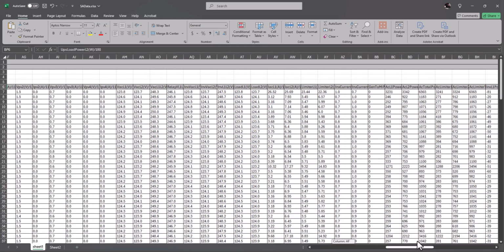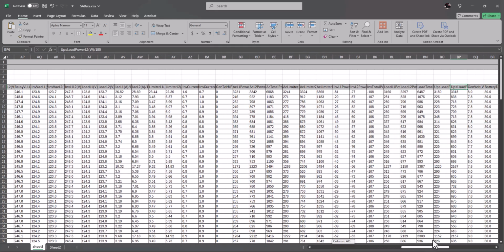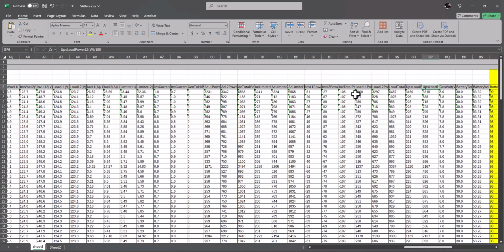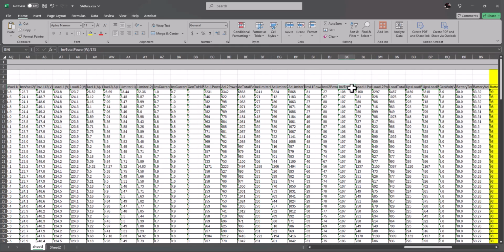So you see, for example, inverter total power or load power for phase 1 and phase 2. Those are snapshots, and they vary every 5 minutes, and they're not accurate enough for me to do a running sum with.